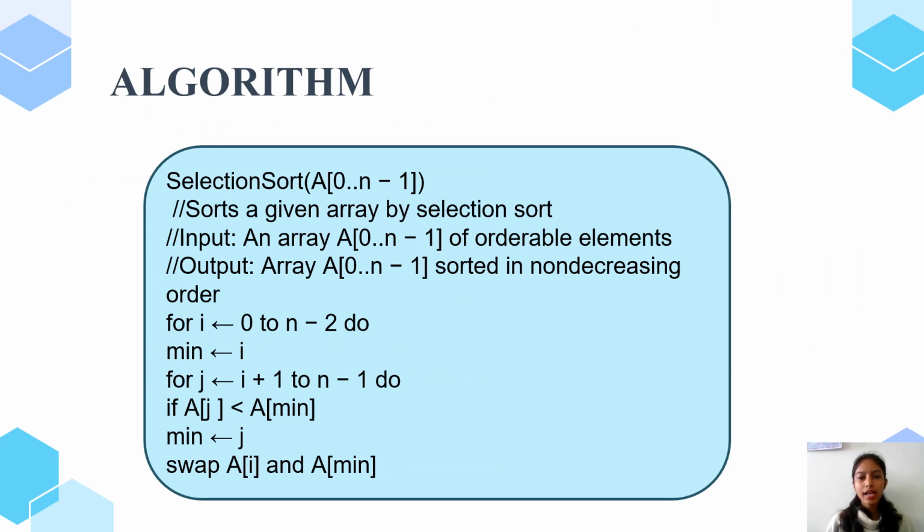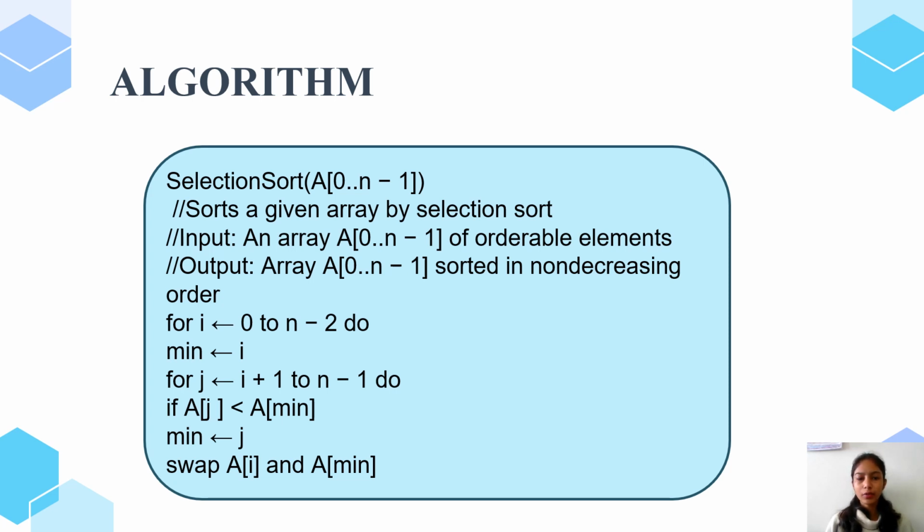Algorithm: SelectionSort(A[0..n-1]). Sorts a given array by selection sort. Input: an array A[0..n-1] of orderable elements. Output: array A[0..n-1] sorted in non-decreasing order.